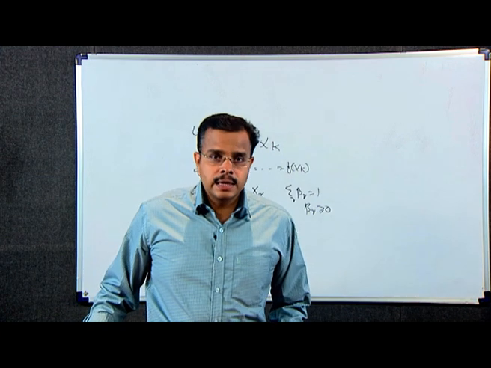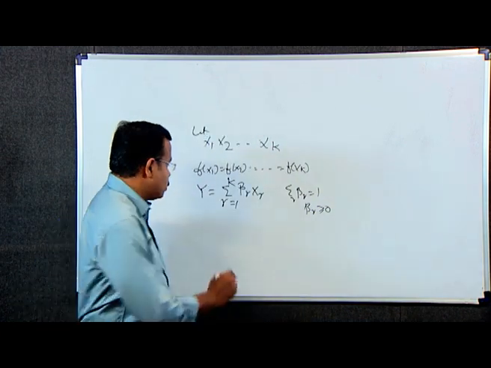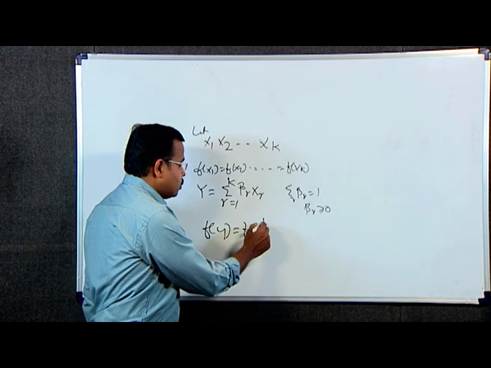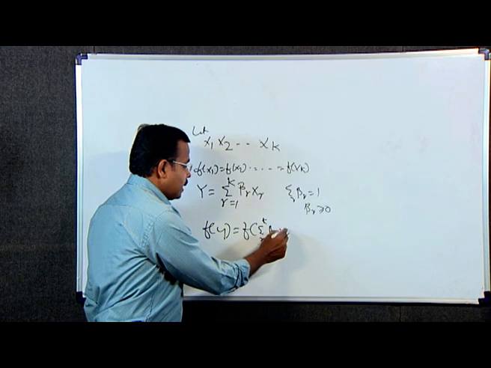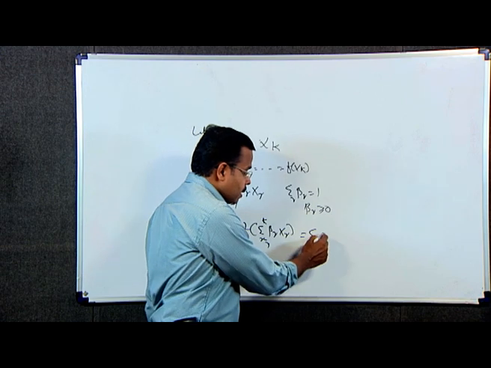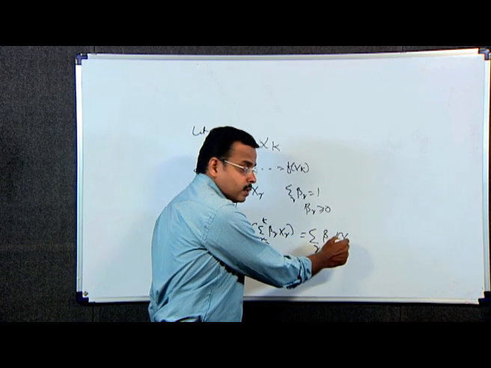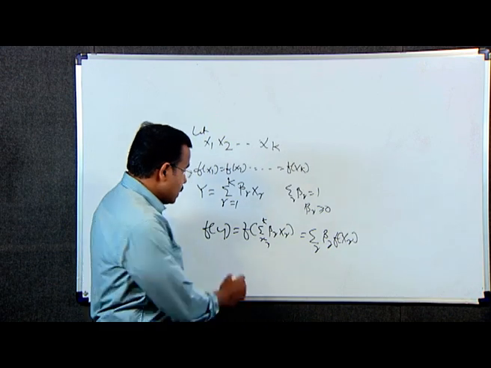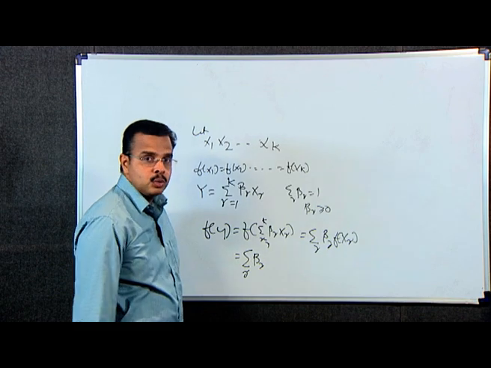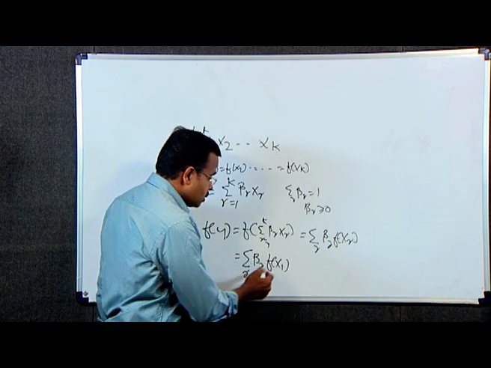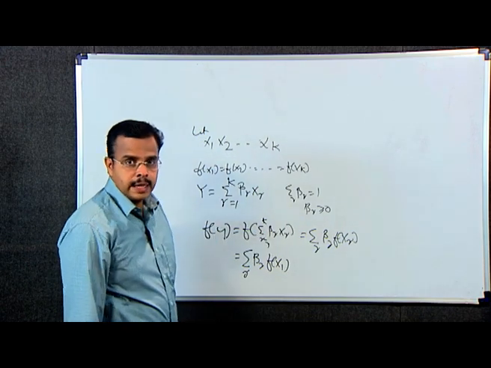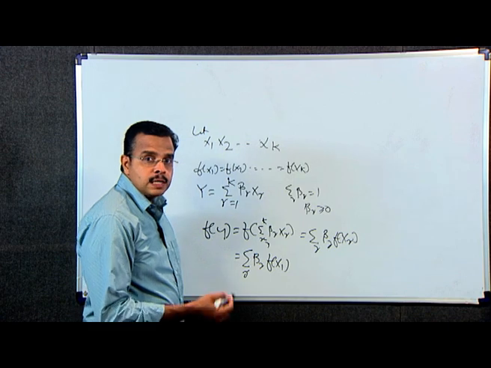And since f of x is linear, f of y equals f of summation over r from 1 to k beta r into xr, that is equal to summation over r beta r into f of xr, that is equal to summation over r beta r into f of x1, because f of x1 equals f of x2, etc., equals f of xk.